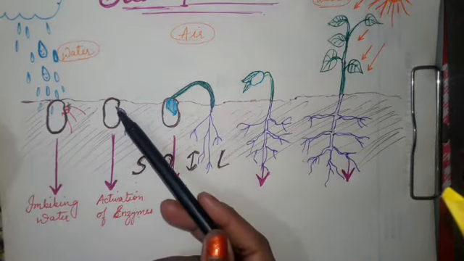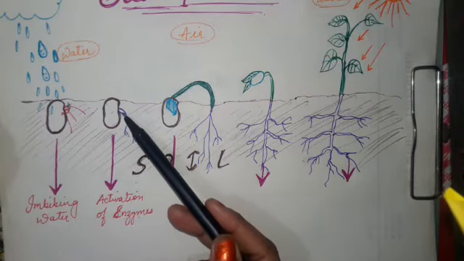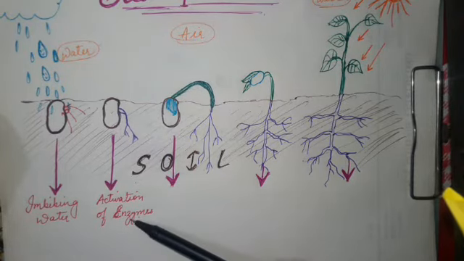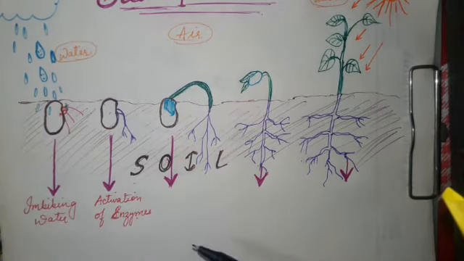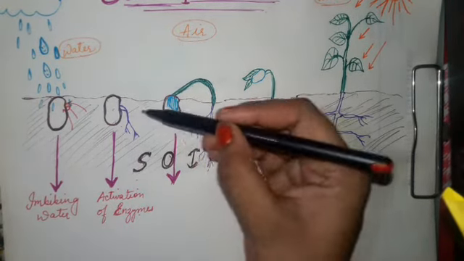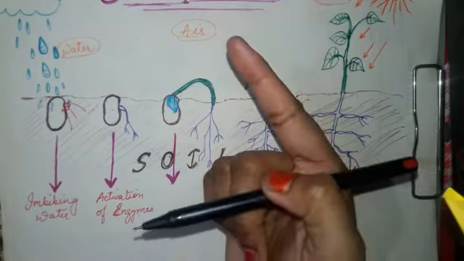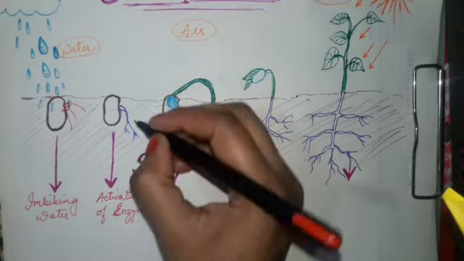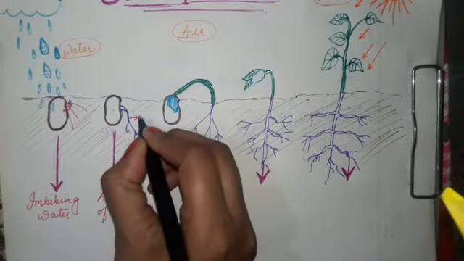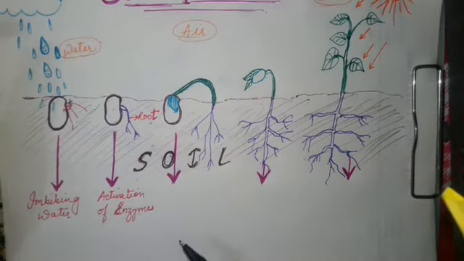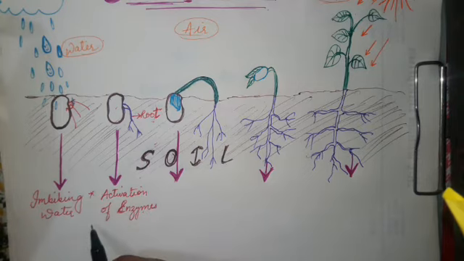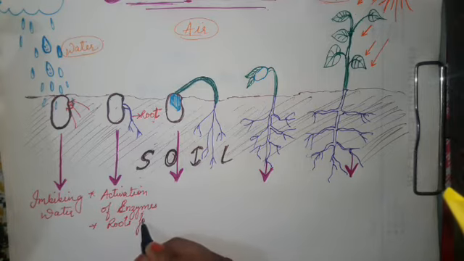The embryo present inside the seed germinates because of this activated enzyme. Another most important thing which happens here is that the first thing which comes out from the seed is the root. So what is another thing happening here after activation of the seed? The root formation.